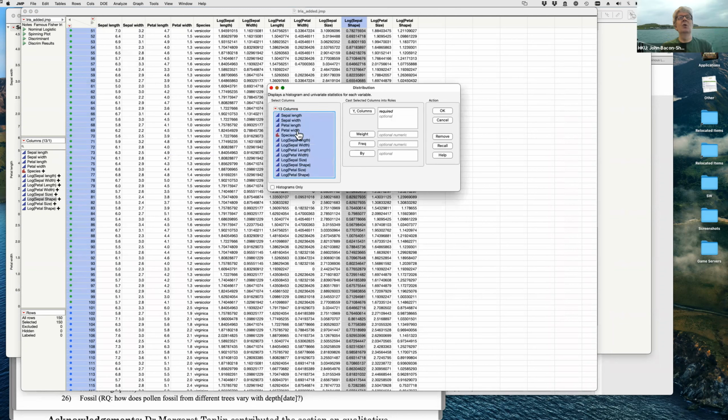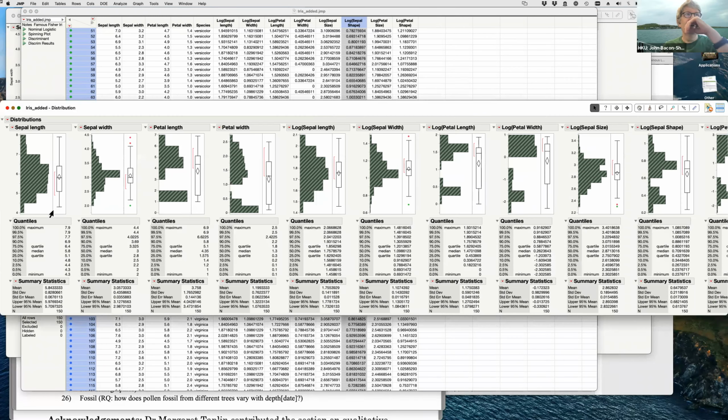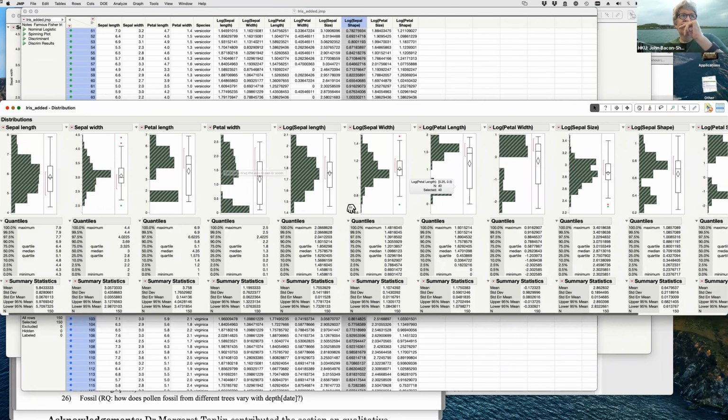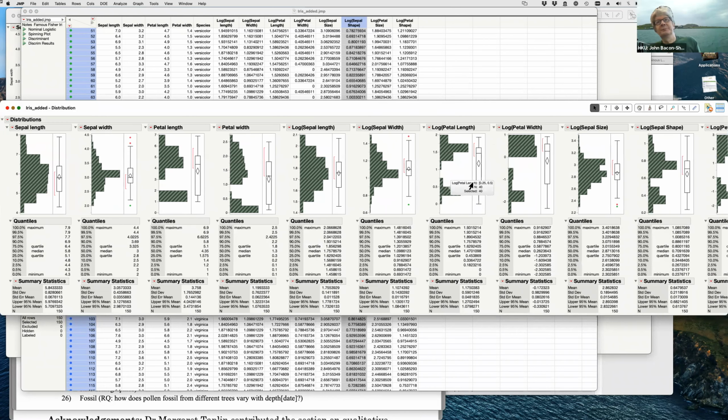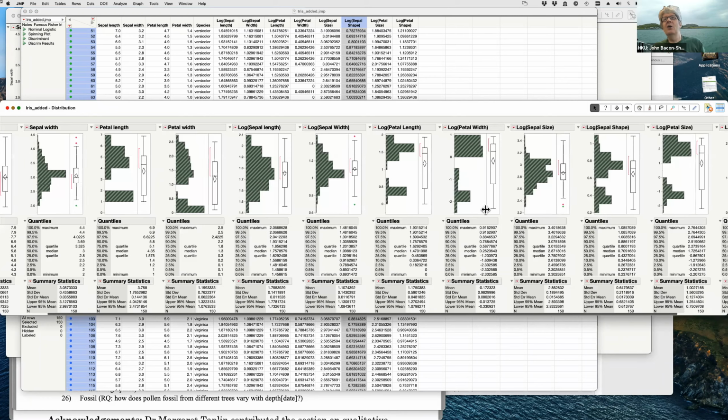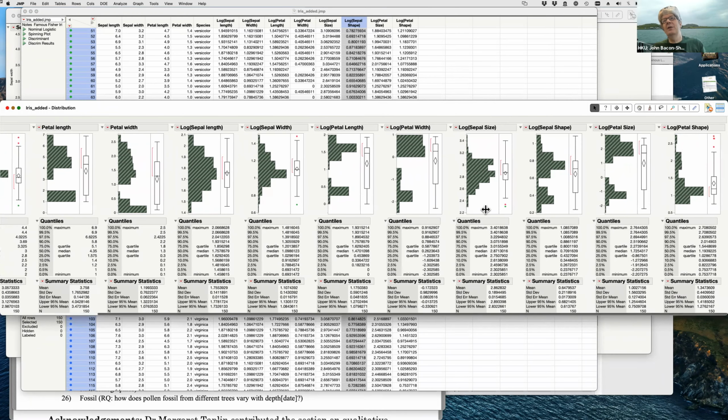So let's have a look at all of these distributions so we can see what they look like. You can see the log on the original scale is not very symmetrical, but remember we're combining 3 different populations. And you can see that the petal length, for example, clearly has separation on both the original and the log scale. So the log transformation is not a compelling argument simply because of distributional concerns.